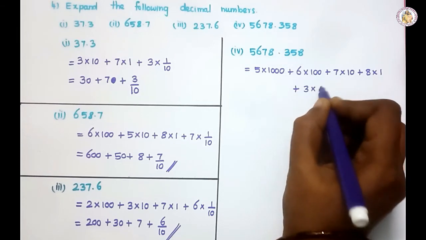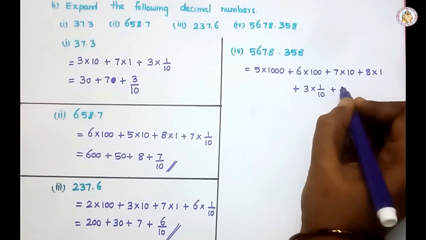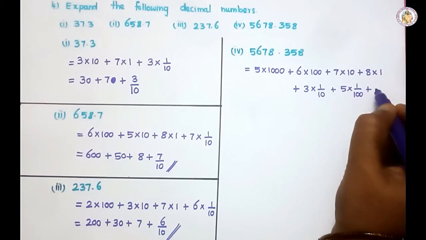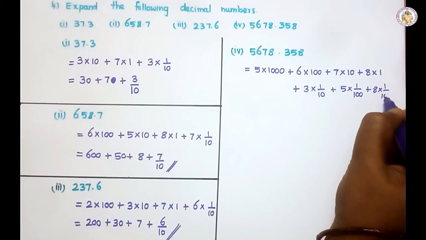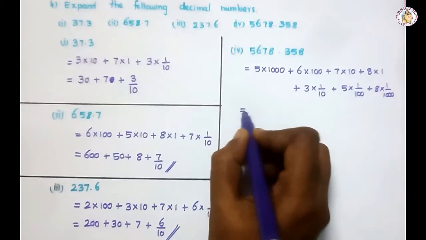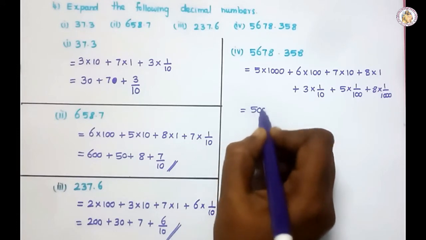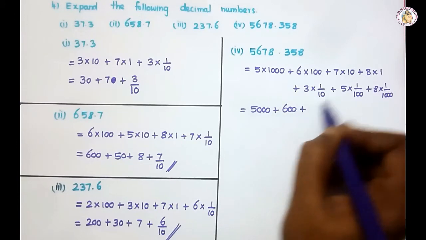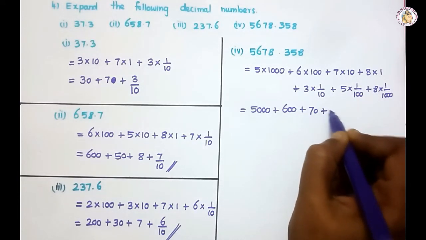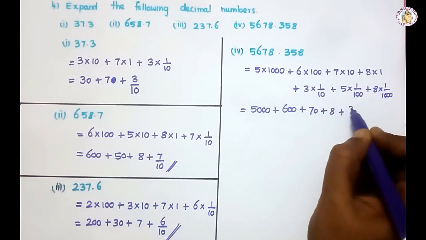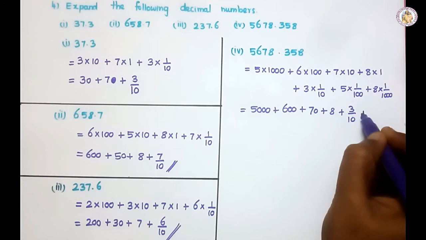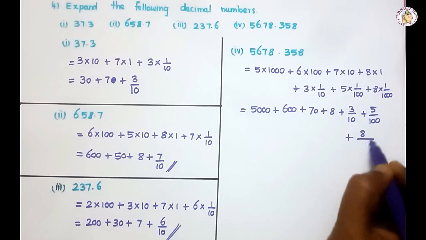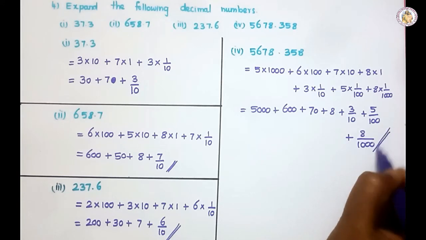So 3 into 1 by 10 plus 5 into 1 by 100 plus 8 into 1 by 1000. 5000 plus 6 into 100, 600 plus 7 into 10, 70 plus 8 plus 3 by 10 plus 5 by 100 plus 8 by 1000. That is the answer.